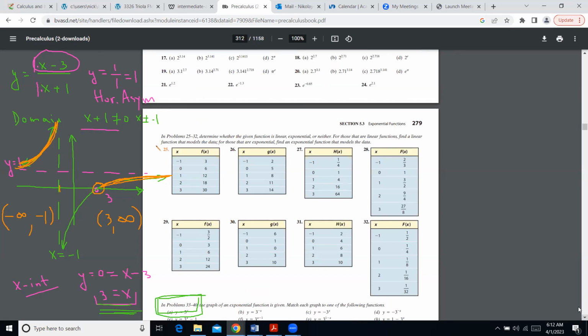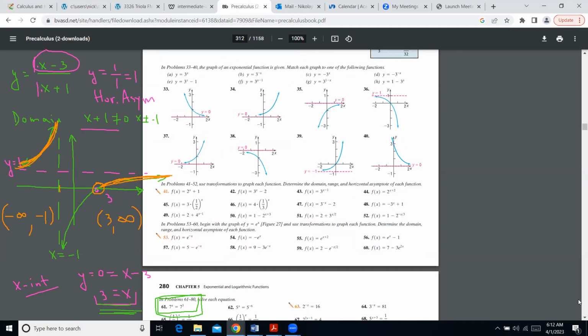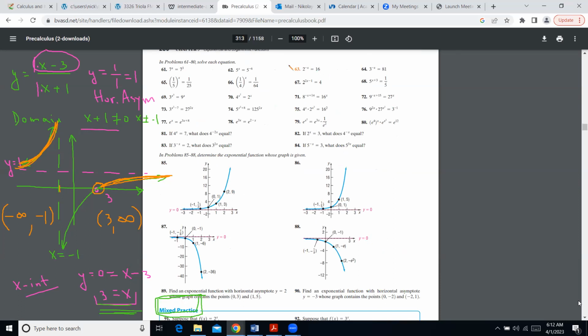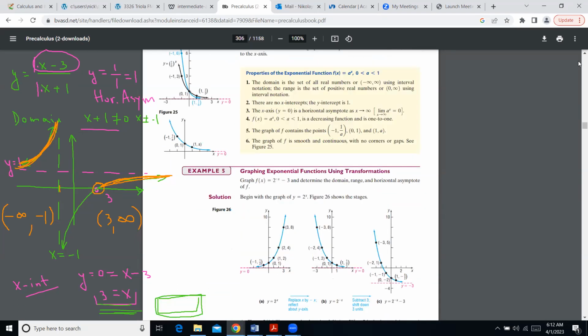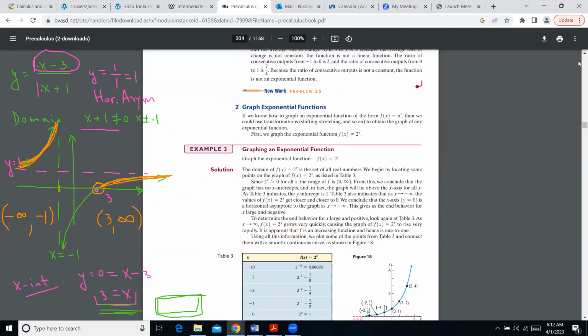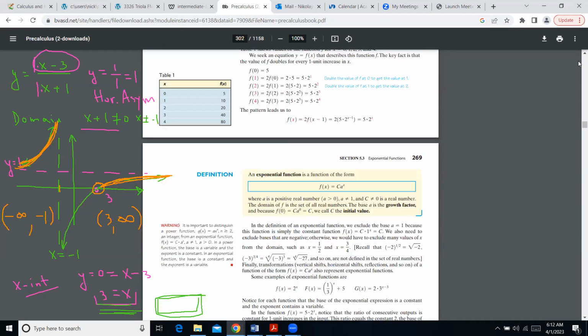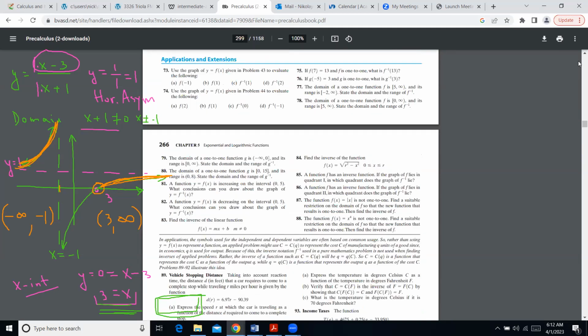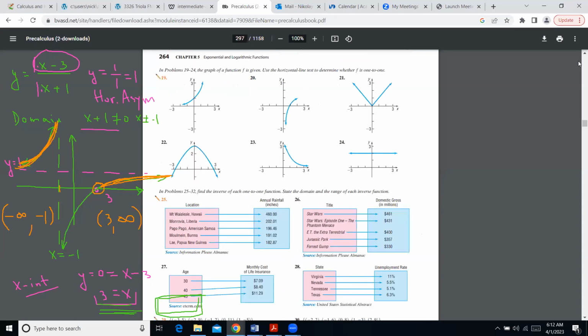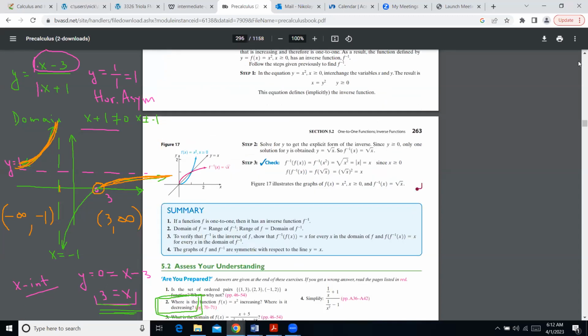I think it's in 5.4. So I'm moving to the chapter. Let me see, where do I move? I think it's 5.2 actually. I think I was just not careful, just skipped too many sections. 5.2. Is it? Where are the logarithms?